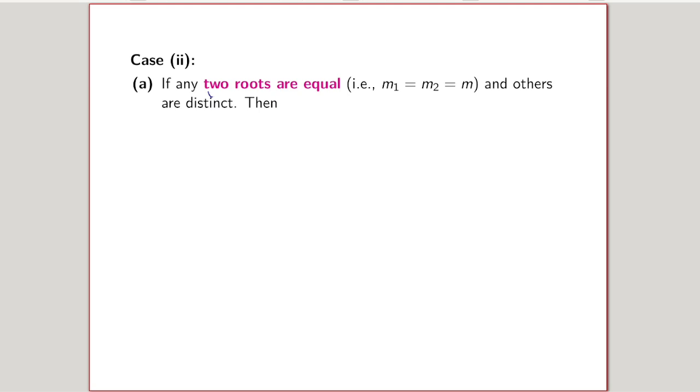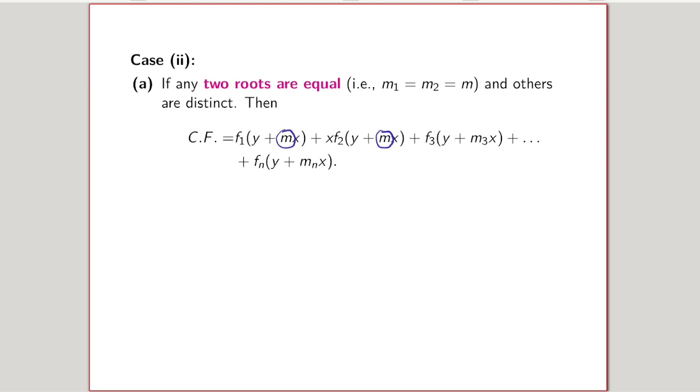Similarly, when two roots are equal, for example, without loss of generality, I am going to take the first two roots as equal. In that case, how to write the solution? We replace m1 with m, m2 with m, and in the second part, we have to multiply by x. After that, these are all distinct roots, so we can write similar to case 1.